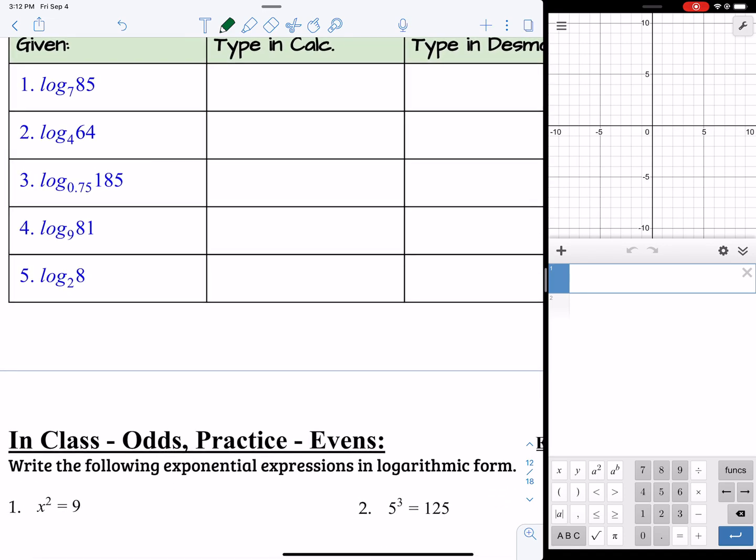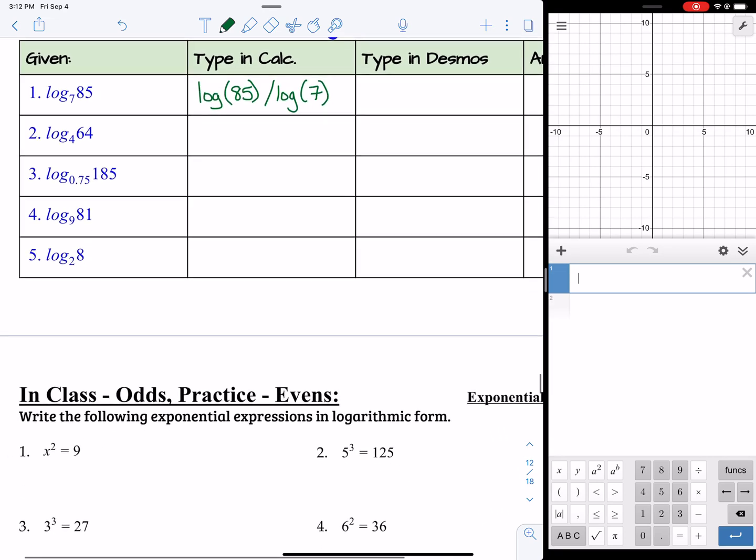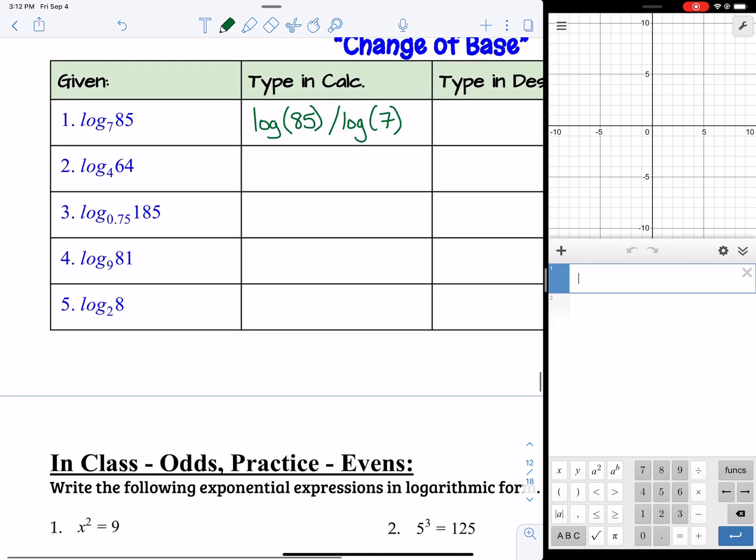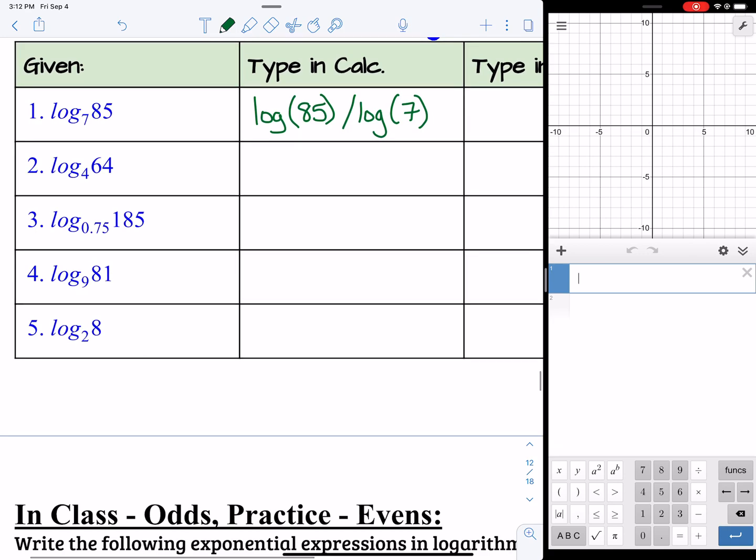So in your calculator, you would want to type log of the bigger number, so log of 85 divided by log of 7. Now in Desmos, you're going to type it a little differently, and we'll look at that in a minute. So let's just keep going over what you would type in a graphing calculator.